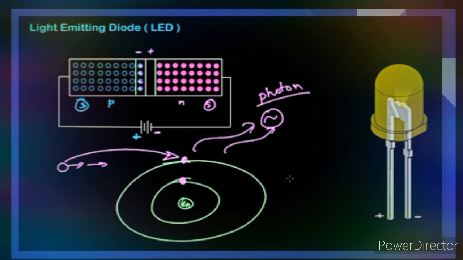In a similar way, holes from the P-type semiconductor cross the PN junction and recombine with the free electrons in the N-type semiconductor. Thus, recombination takes place in the depletion region as well as in the P-type and N-type semiconductor.